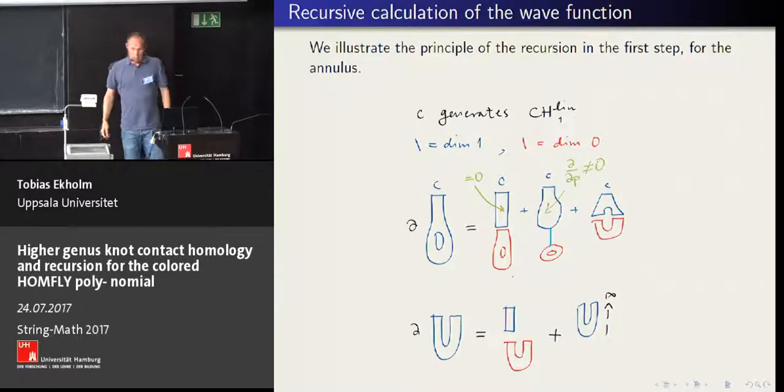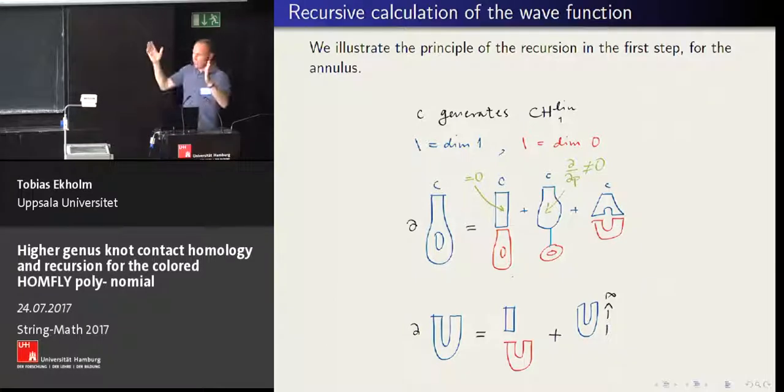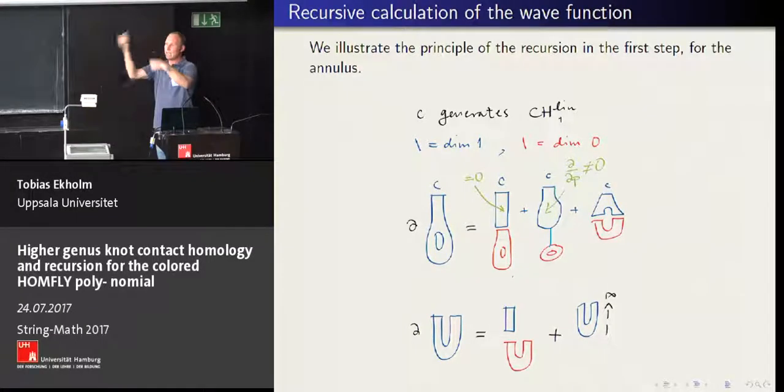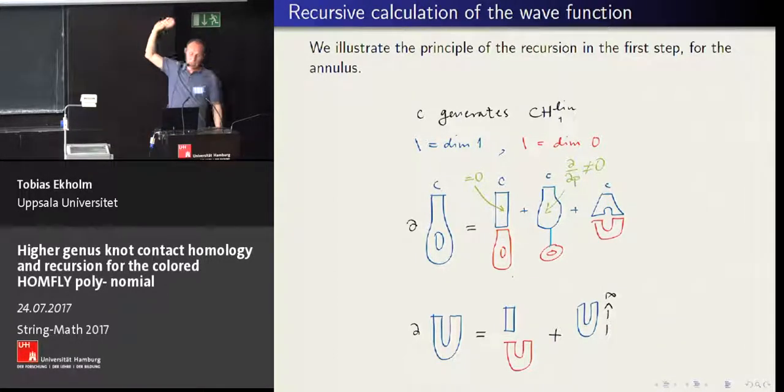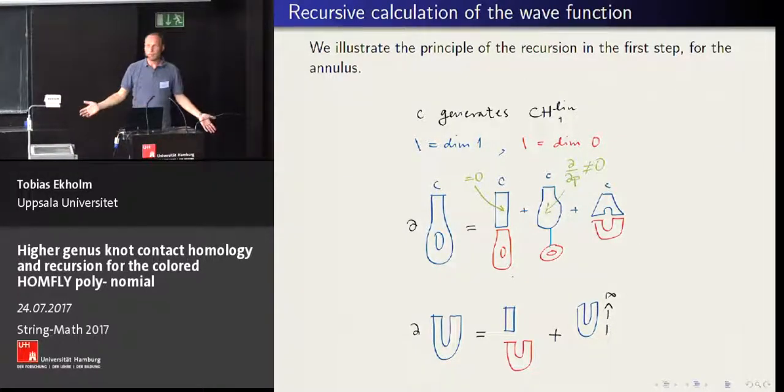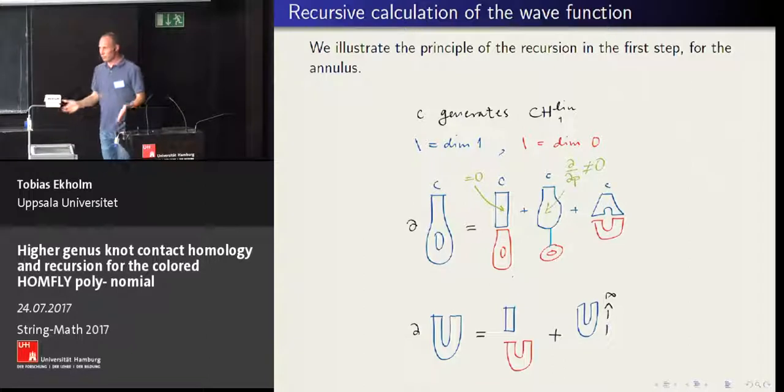So basically, you have to find all these disks and how they link, and then you write up all these holomorphic curves at infinity, and you should be able to do the recursion. Maybe there won't ever be a closed formula, but if you have a knot you really know and love, you can take a few steps in this recursion.